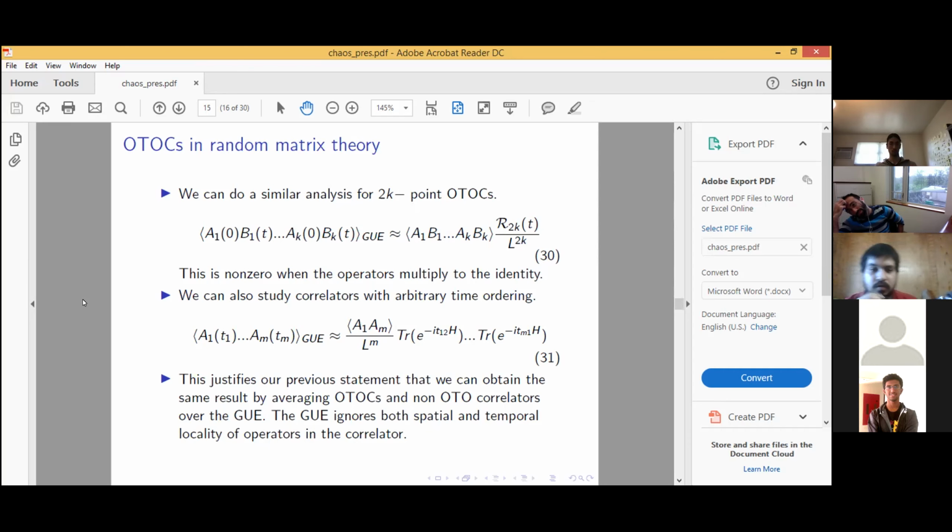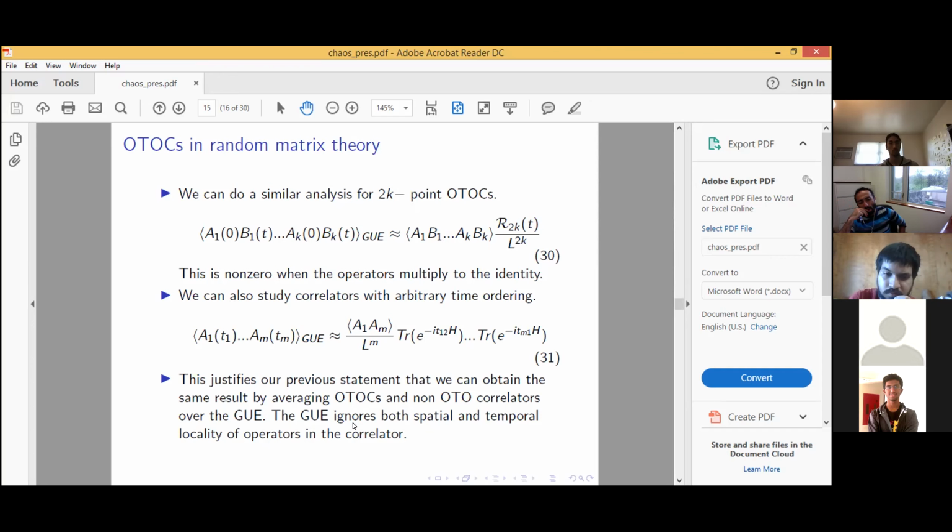And so here we had specifically chosen the correlators to be out of time ordered. So if we pick some random time ordering, where the ith operator is defined at a time ti, then it turns out that the average of that correlator over the GUE is the product of the traces of e to the minus i times the time difference between ti plus 1 and ti, times H. This justifies our previous statement that even non-out-of-time-ordered correlators can give ensemble average values which are equal to the OTOC.